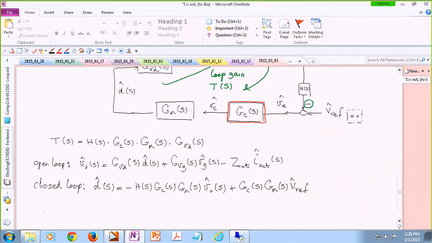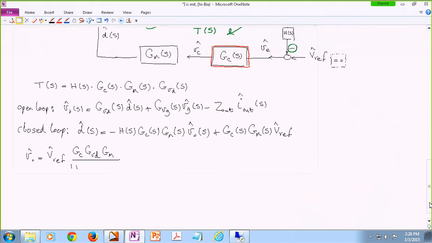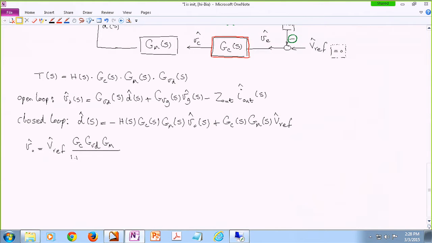So once you do so, you will end up with this expression. 1 plus H times, this is GM, GVD GM.